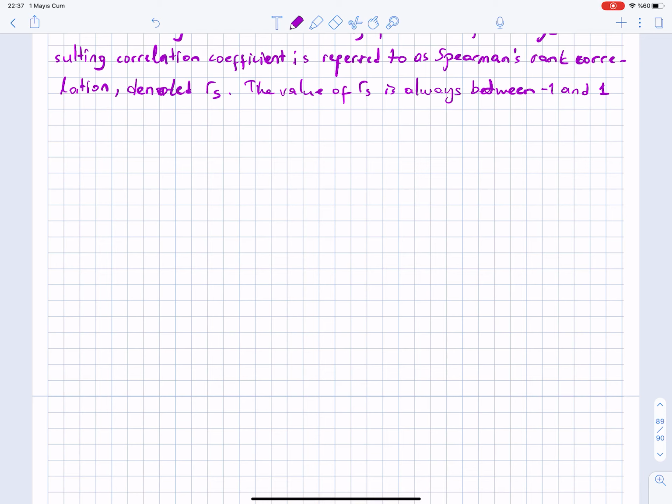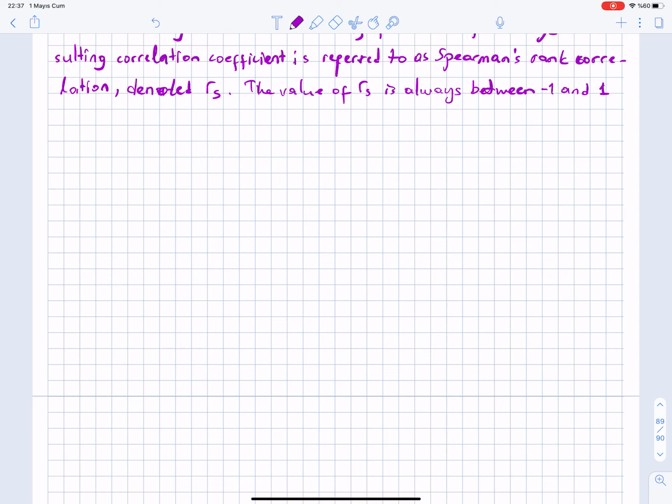It is sometimes desirable to analyze the relationship between two variables according to the rank values of each of the variables in the sample. So the variables may be ranked on the basis of quality, let's say televisions, or any other standard.